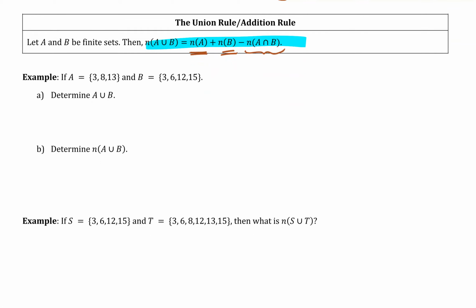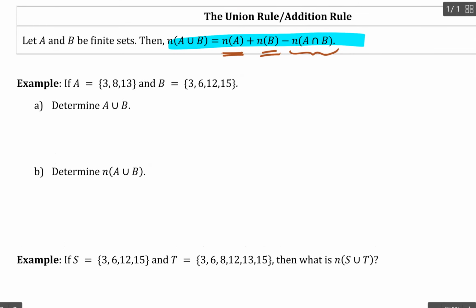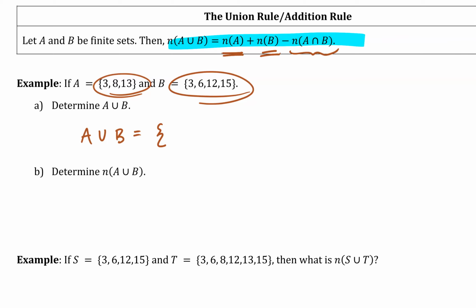All right, let's try the first one. Here we have set A, and we're told what elements it has, and set B, and what elements. We want to determine the set A union B. Remember, this is not talking about the number of elements. We're just rewriting the set A union B. This is a new set that contains all of the elements in A and in B. We don't need to write numbers twice.